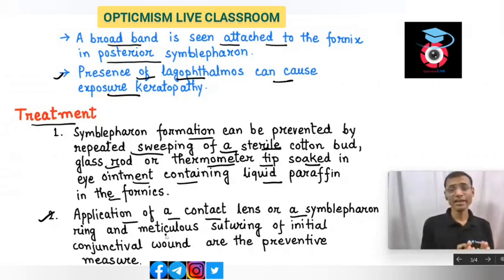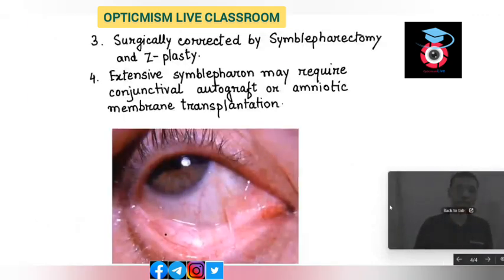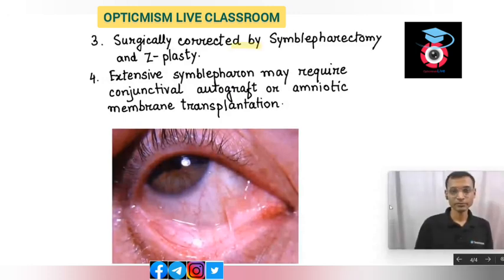But if symblepharon has already developed in a patient, then the patient should be advised to go for surgical correction. Symblepharon is surgically corrected by symblepharectomy and Z-plasty. These two methods are used to correct symblepharon surgically.